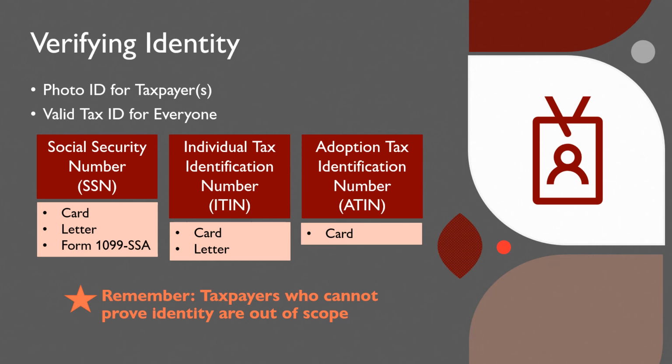Valid tax IDs could include Social Security number, which can be in the form of a card, letter, or Form 1099 SSA, an individual tax identification number in the form of a card or letter, or an adoption tax identification number in the form of a card. Remember, taxpayers who cannot prove their identity are out of scope.